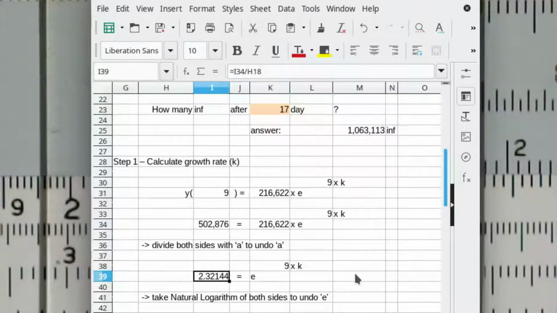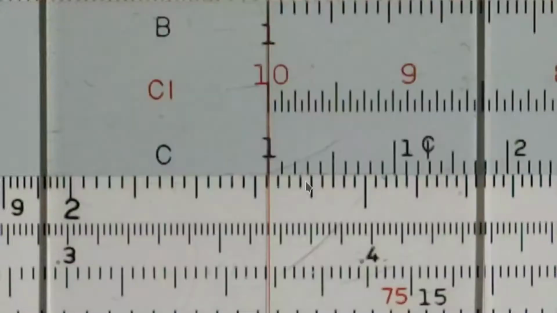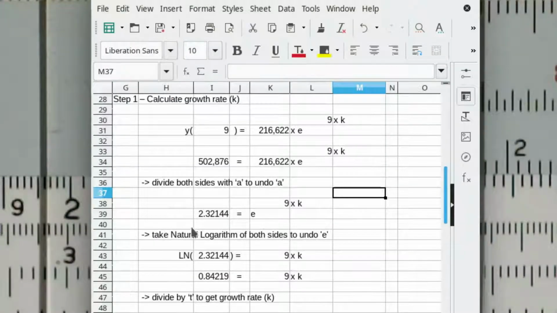So that all makes sense. 500 divided by 216, they're in the same league, so we get an answer of about twice, and that makes sense. So doing it with the slide rule, we get pretty close. We can definitely get 2.32 out of there, and that's good.